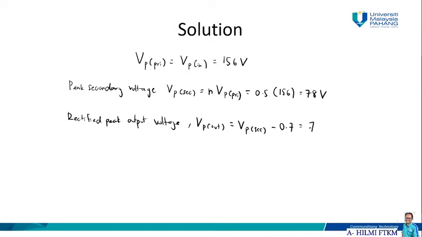So we get 78 volt minus 0.7 volt, and the answer will be 77.3 volt. And we know that Vp secondary is the Vp input for the rectifier. This is going to be our answer, 77.3.